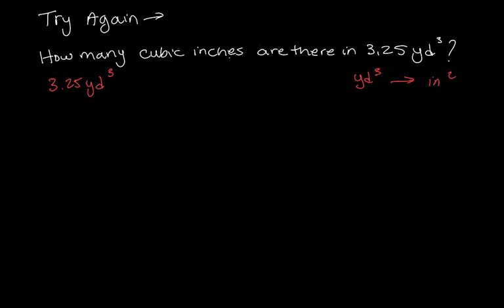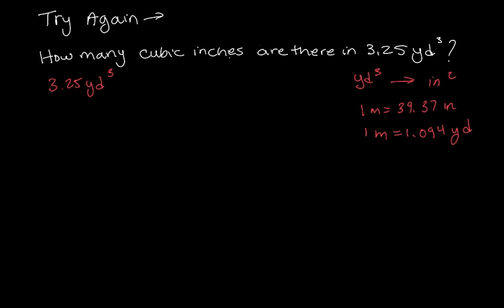So do we have a direct conversion factor from yards to inches? It doesn't seem that we do. We know that for every 1 meter, there's 39.37 inches. And we know that for every 1 meter, there is 1.094 yards.